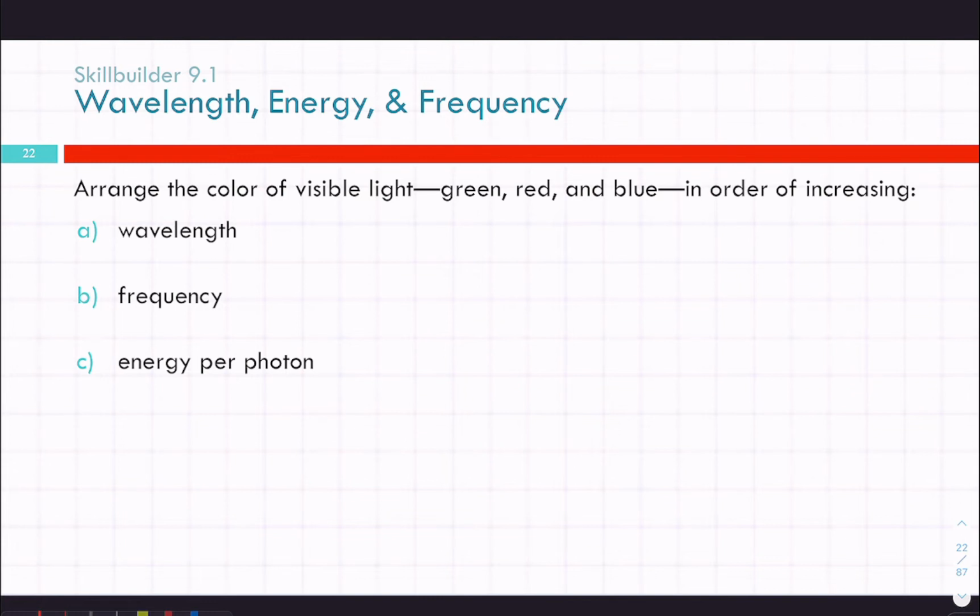Red actually has the longest wavelength. So increasing would be shortest to longest. So blue would be first. Blue would have a shorter wavelength than green, and then green has a shorter wavelength than red.